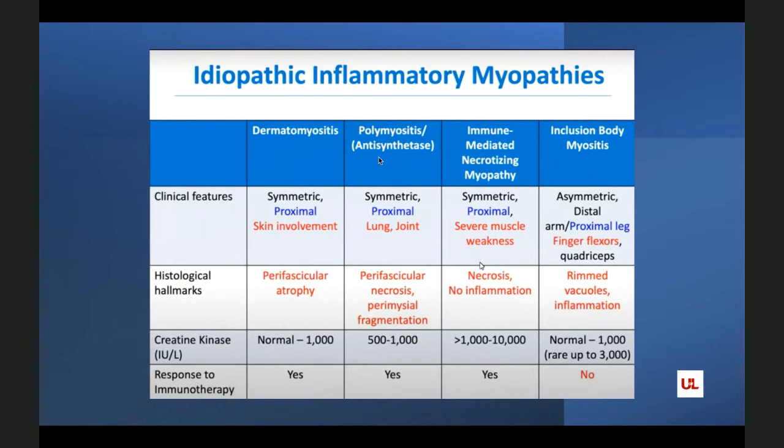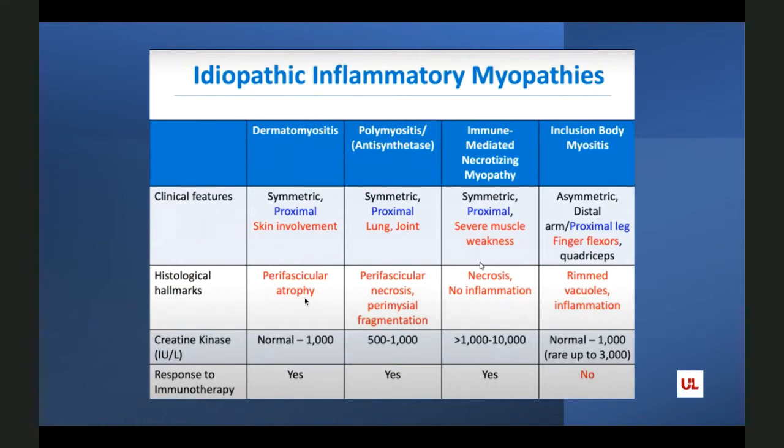In antisynthetase, you have more of a lung and joint involvement. And in necrotizing myopathy, it's purely muscular involvement, we don't see any extramuscular involvement in this particular entity. And as I said earlier, in IBM, you have finger flexors, quadriceps, and it's asymmetric muscular involvement.